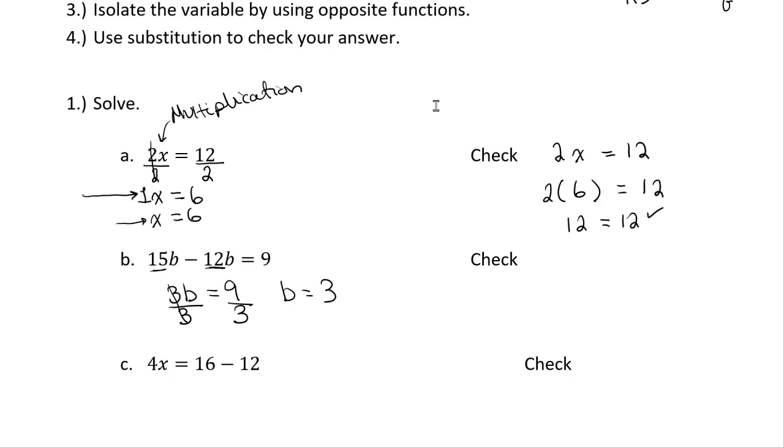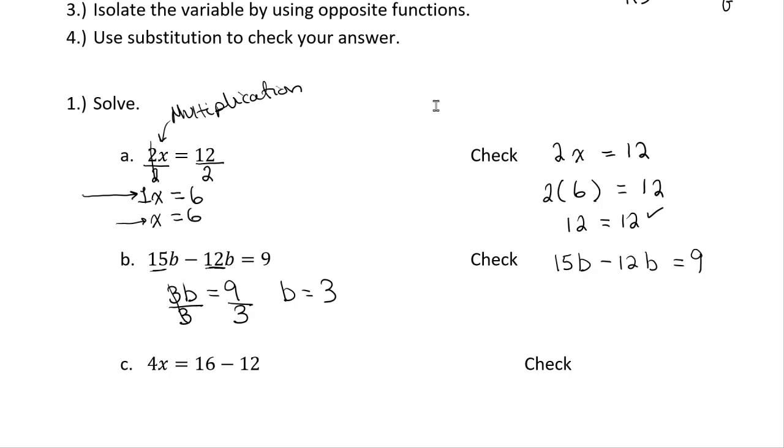All right, and then again, I'm going to rewrite just the basic equation, equals 9. Now, I personally would do my simplifying, so I would do the 15b minus 12b and then substitute the 3 in. But I think I'll actually show you both ways, and then you can decide.